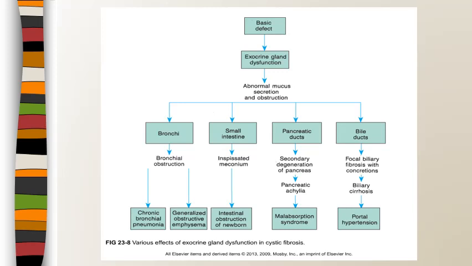The next thing that we can see with their pancreatic ducts is that because of the secretions and the mucus and the obstruction, we can have secondary degeneration of the pancreas, which then causes a malabsorption syndrome because the children don't have the pancreatic enzymes that they need to digest their foods well. And then in the biliary ducts, we can see focal biliary fibrosis, which causes biliary cirrhosis, and ultimately these children can develop portal hypertension.